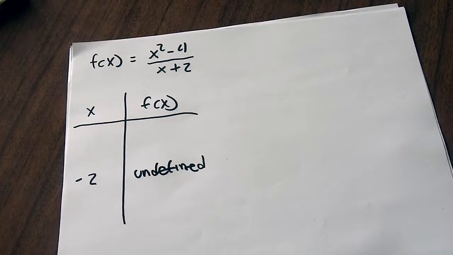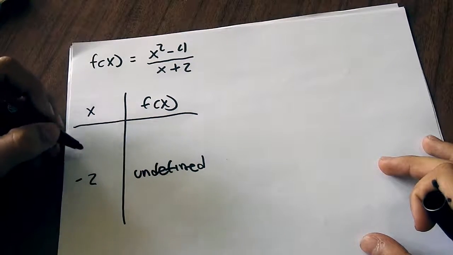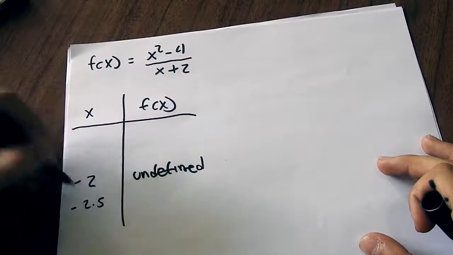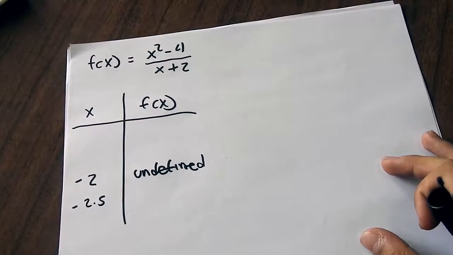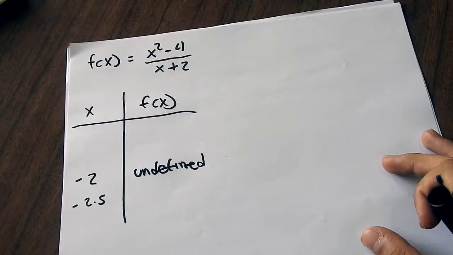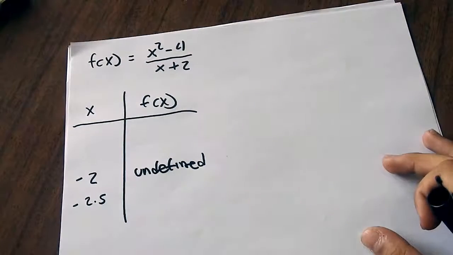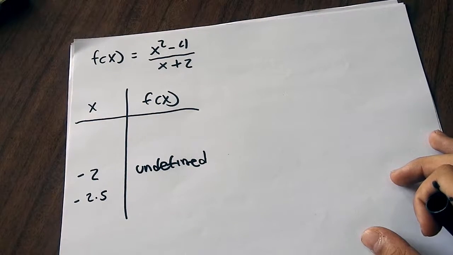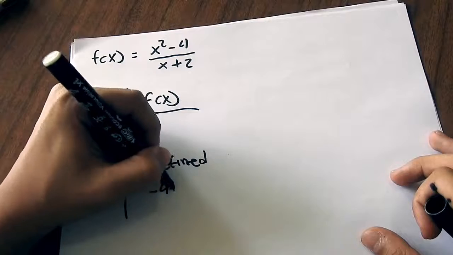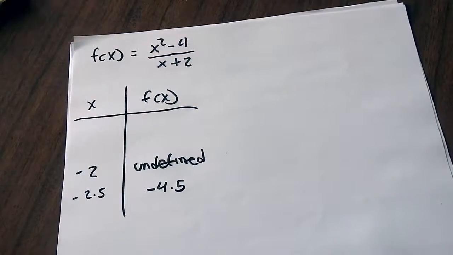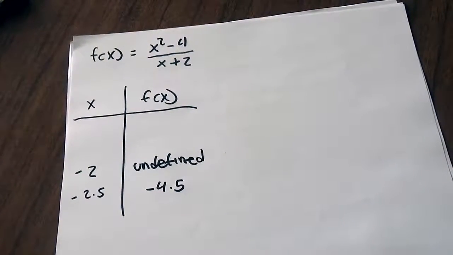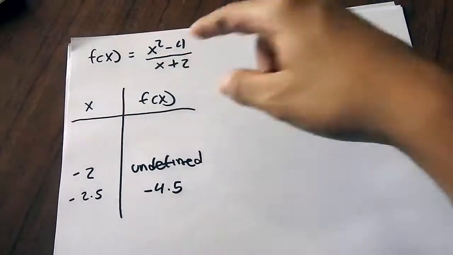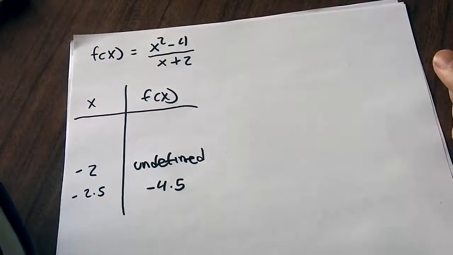For example, if we let x be negative 2.5, then f of x is going to be negative 4.5, and I'm going to show you this on the GDC. We know that f of x is x squared minus 4 over x plus 2.